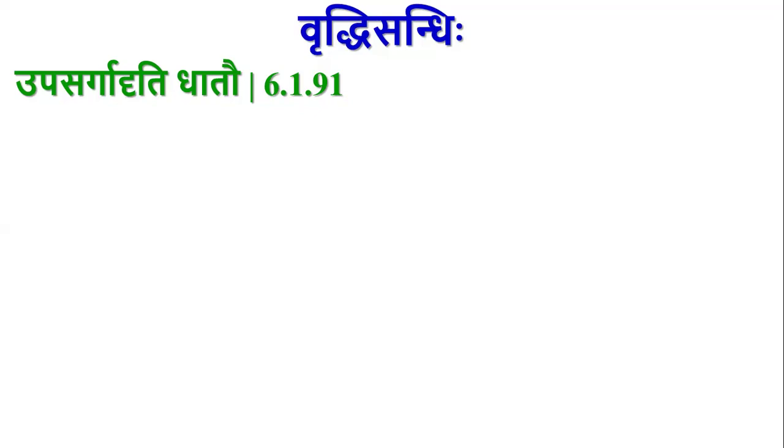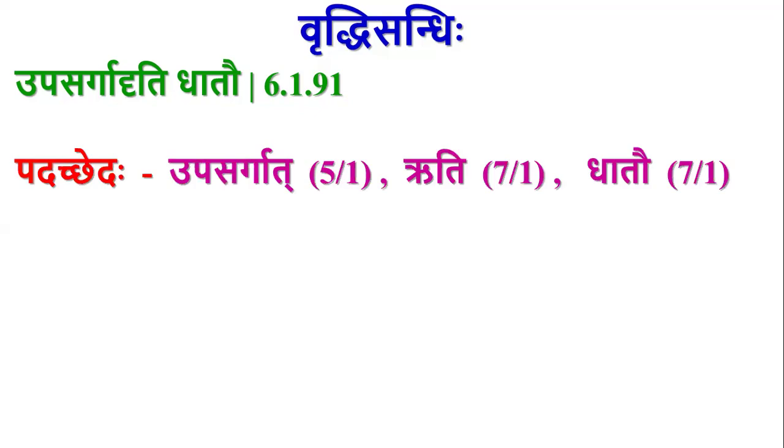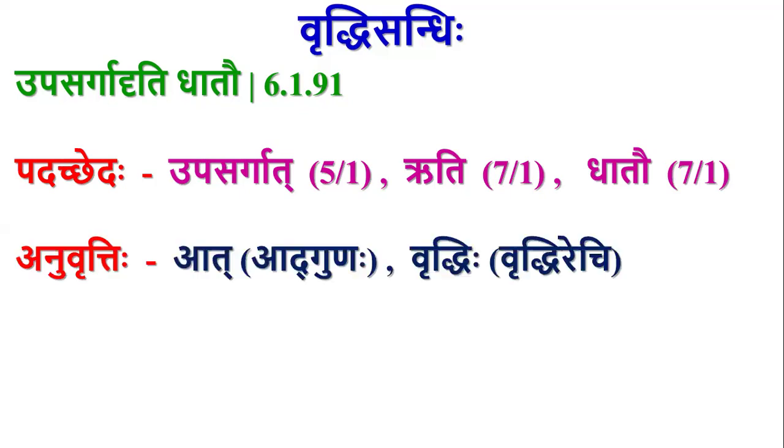Upasargat ruti dhatau. Padachedah. Upasargat is the panchami of upasarga. Ruti is the saptami of rut. Dhatau is the saptami of dhatu. Anuvritti of at is taken from adgunah.